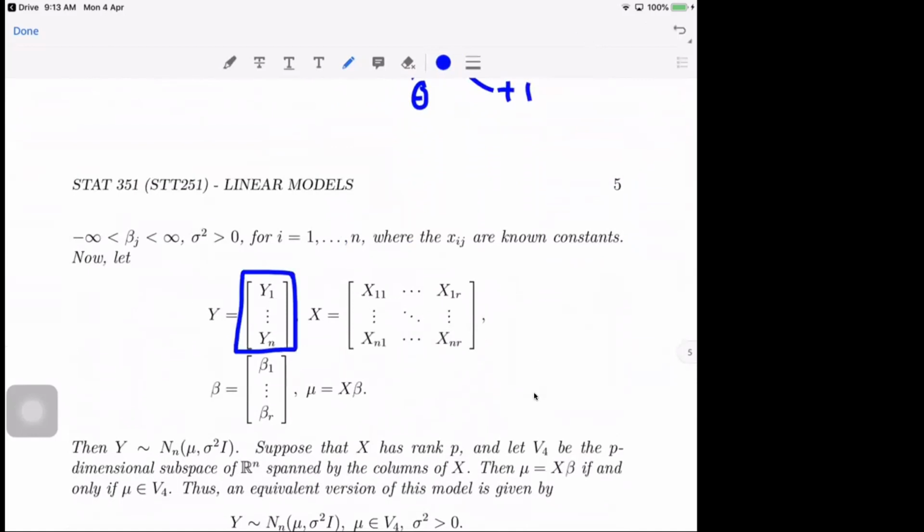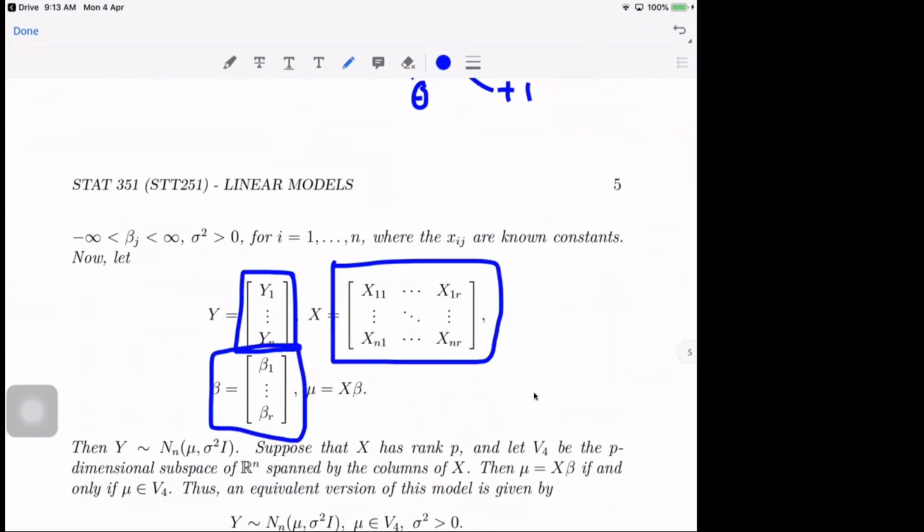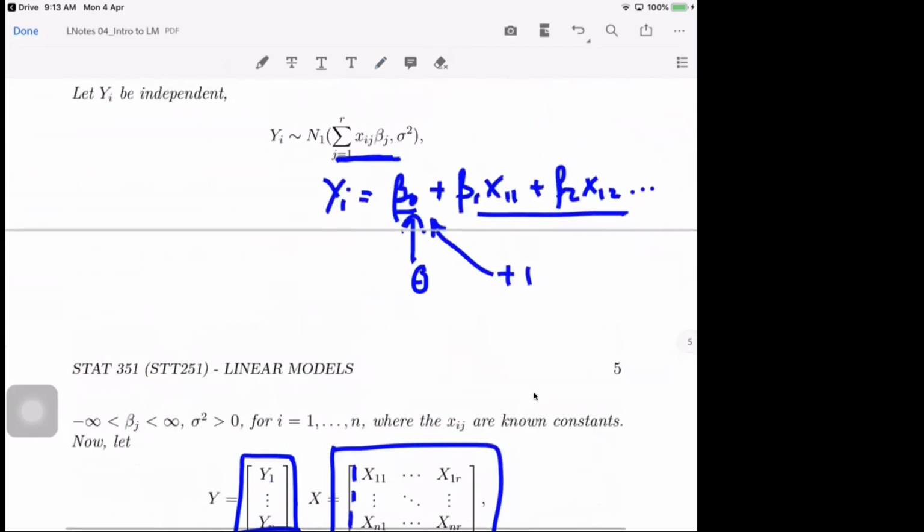Your y is from y1 to yn, and then you have your matrix there and your betas. Here, it starts at beta 1, but you can always add a beta null here. But your design matrix here will have a column of 1s added.